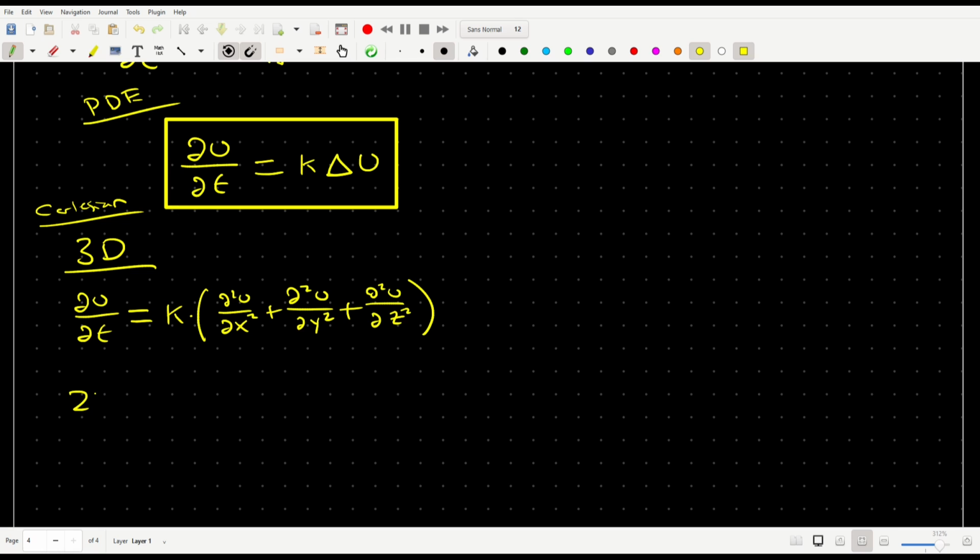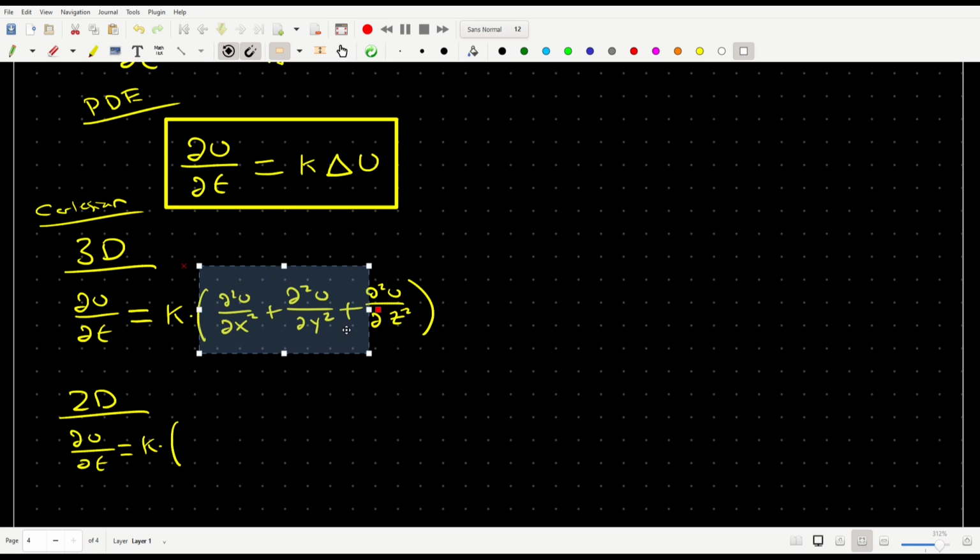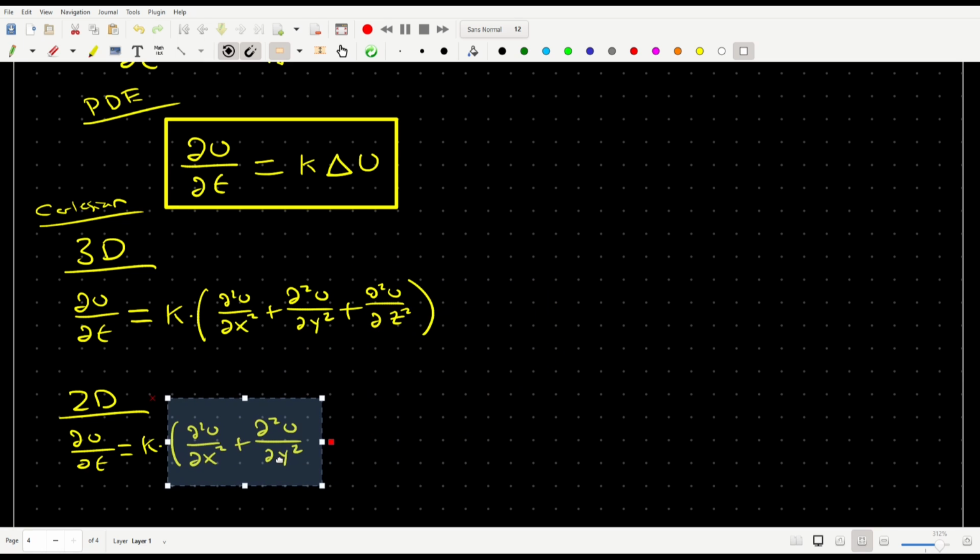In 2D, this is saying that du dt is equal to k times just the second derivative of u with respect to x plus the second derivative of u with respect to y.